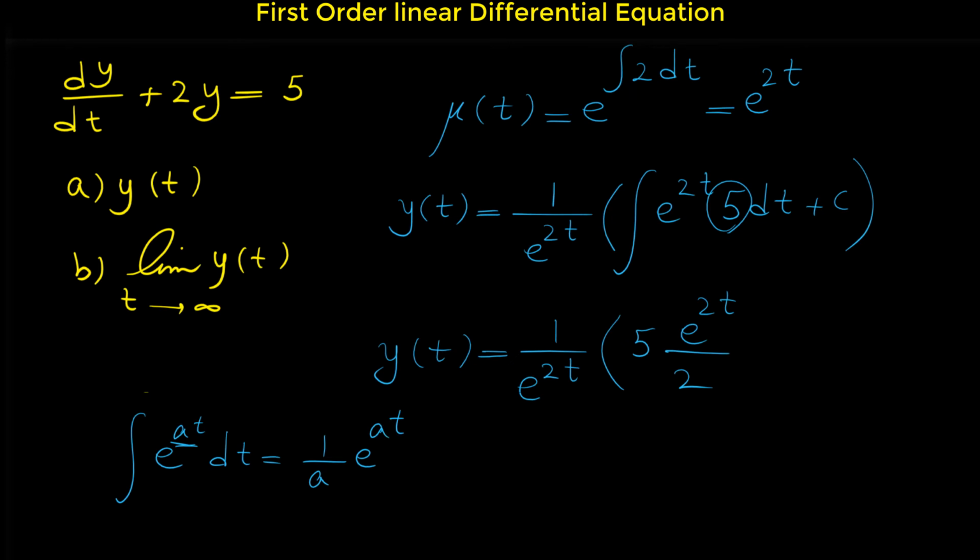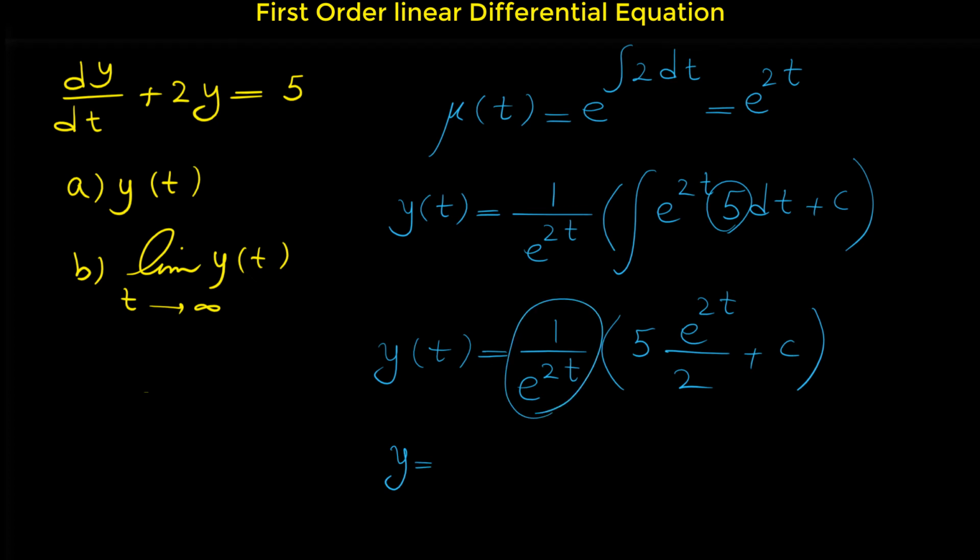So integral of e to the power of 2t is 1 over 2 e to the power of 2t plus c. If we multiply this 1 over e to the 2t in this bracket, when we multiply this in the first term, e to the 2t and e to the 2t cancel each other.